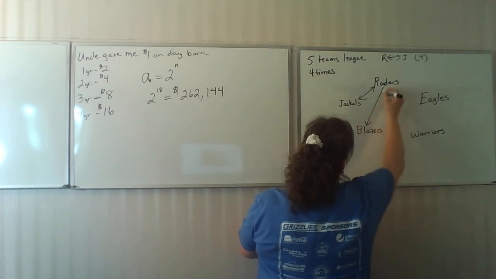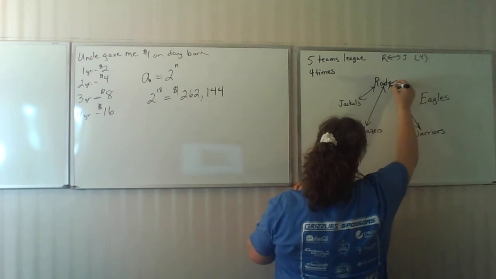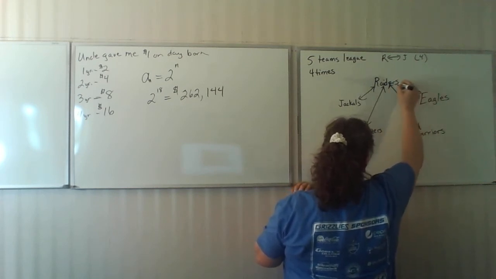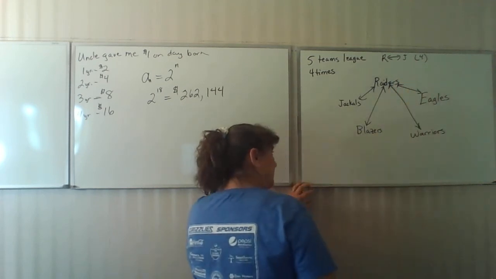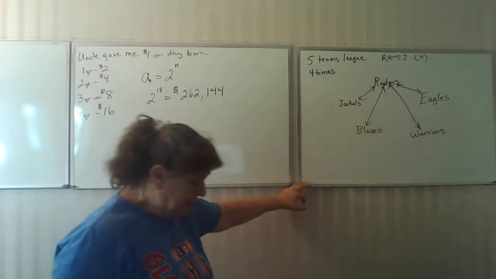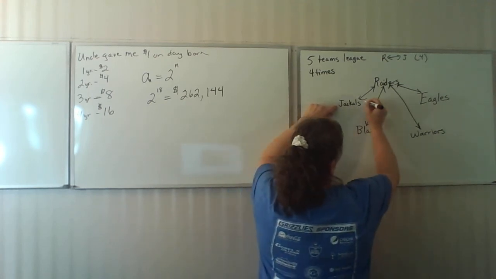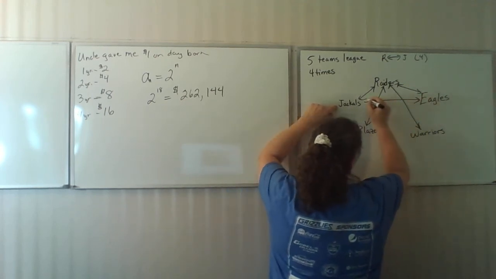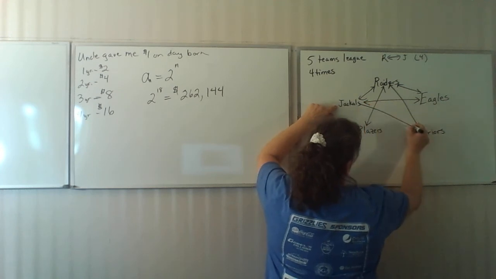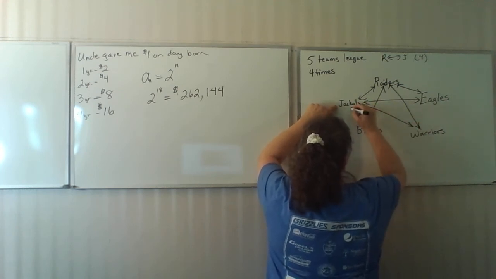Raiders and Blazers, Raiders and Warriors, and Raiders and Eagles. Well, that's 4 times 4, that's 16 already. But Jackals are going to have to do Jackals and Eagles, Jackals and Warriors, and Jackals and Blazers.